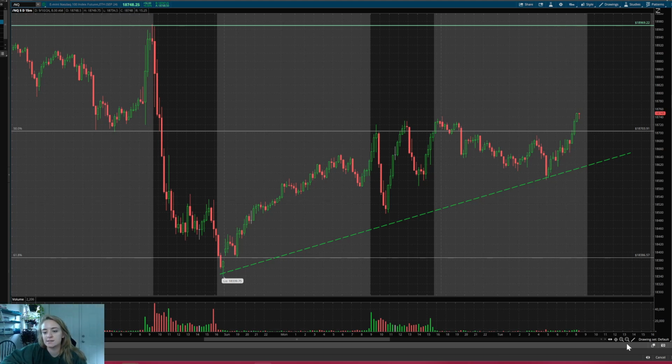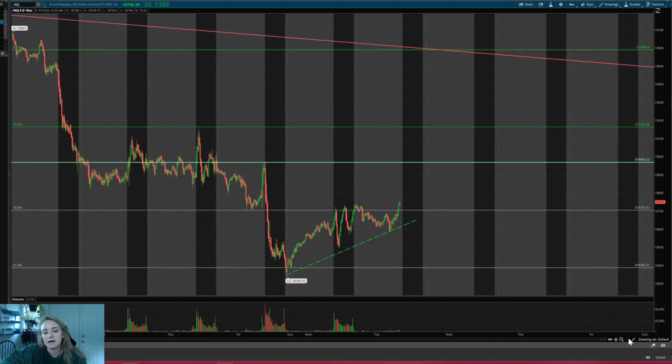I don't really see anything substantial that I would like, and I really don't have a bias for today at all so far. We have moved to the upside a lot in pre-market, and it is 8:39 right now, so we're nearing that 9 o'clock and that open range, but we don't have a ton of substantial data from pre-market or anything like that.